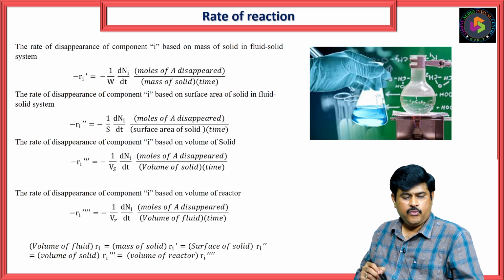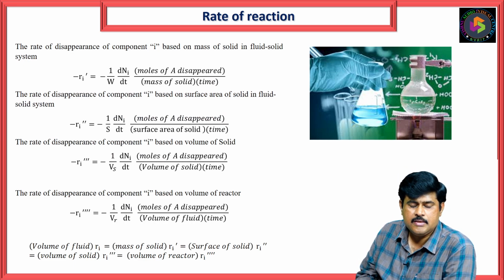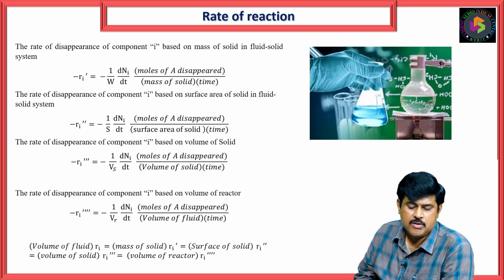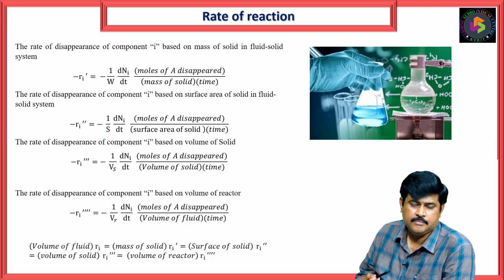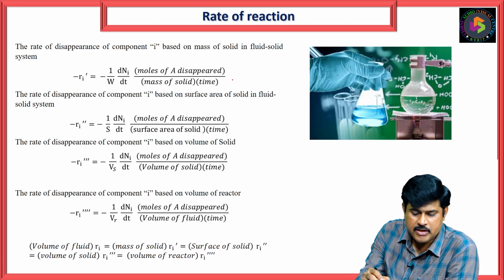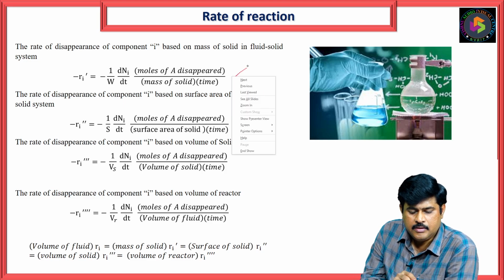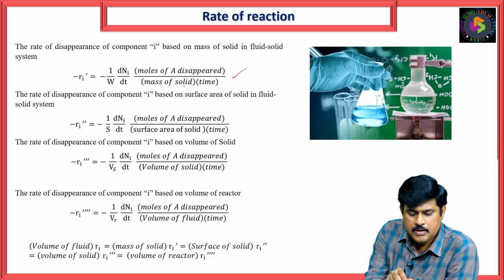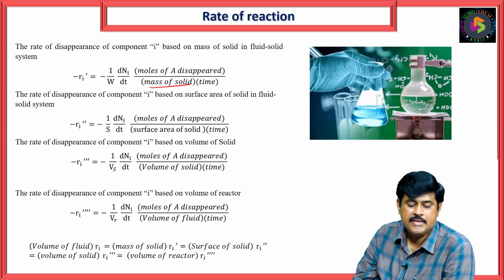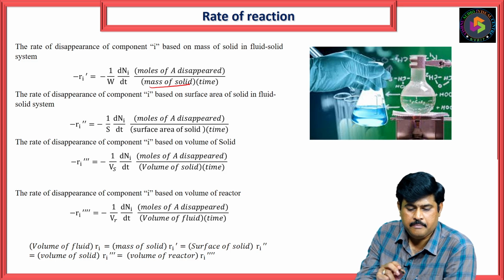We can define the rate of disappearance of component i based on the mass of the solid in fluid-solid systems, that means heterogeneous systems. For example, see here, minus Ri dash is based on the mass of solid. So instead of volume of fluid, in heterogeneous reactions we can take the mass of the solid as a reference or base.